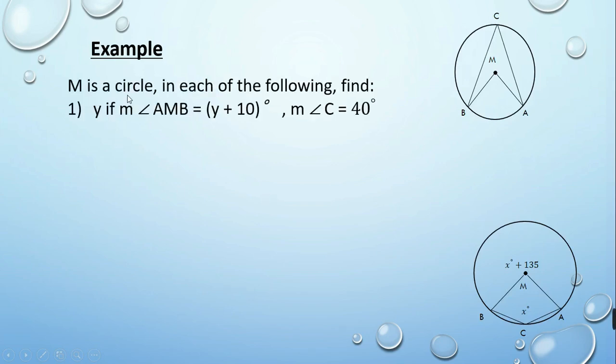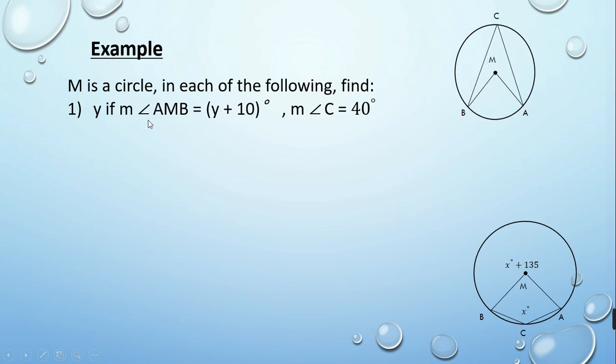In your booklet, page 96, M is a circle. In each of the following, find y. If the vertex is the center of the circle, the angle is a central angle. If the vertex is just a point on the circle, the angle is an inscribed angle.